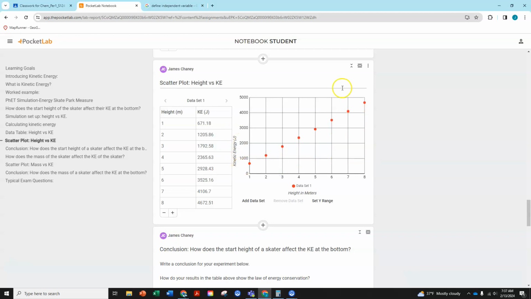That way we have a labeled graph, and it's quite evident that the higher up on the track you are, the higher your kinetic energy is. So it's a nice linear equation sitting there for you math geeks.